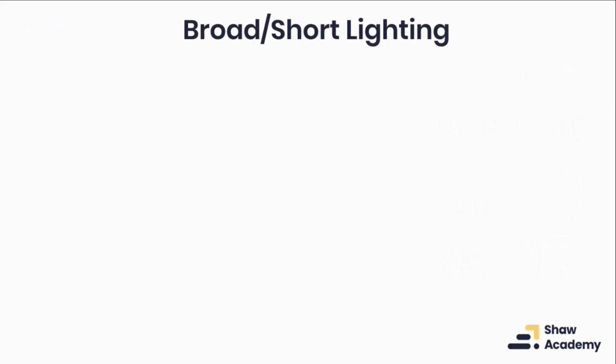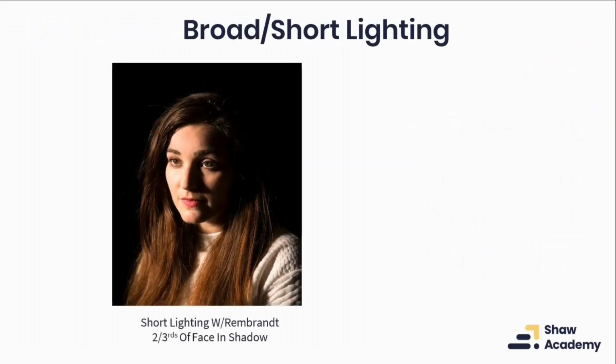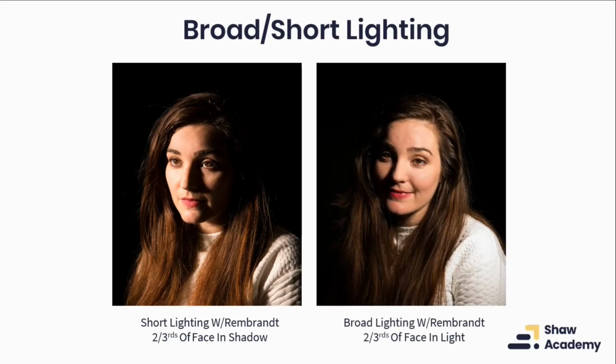Now, with that, we also have variations on these known as broad and short lighting. So what we can see here, these are both Rembrandt style lighting. If we have a look at the eyes, we can still see that distinct triangle of light underneath the eye. But broad and short lighting is when we angle the light and the model in such a way where we're either keeping 2/3 of the face in shadow or 2/3 of the face in light.